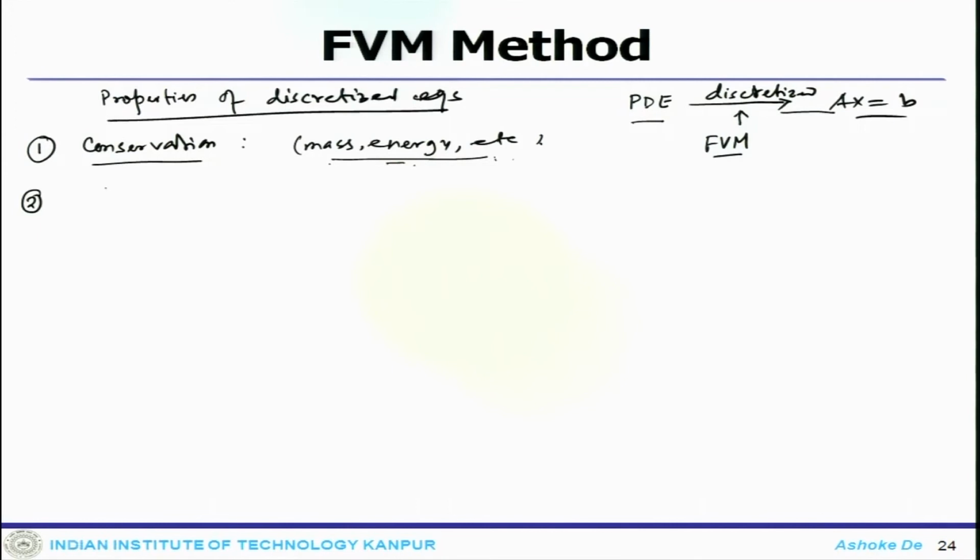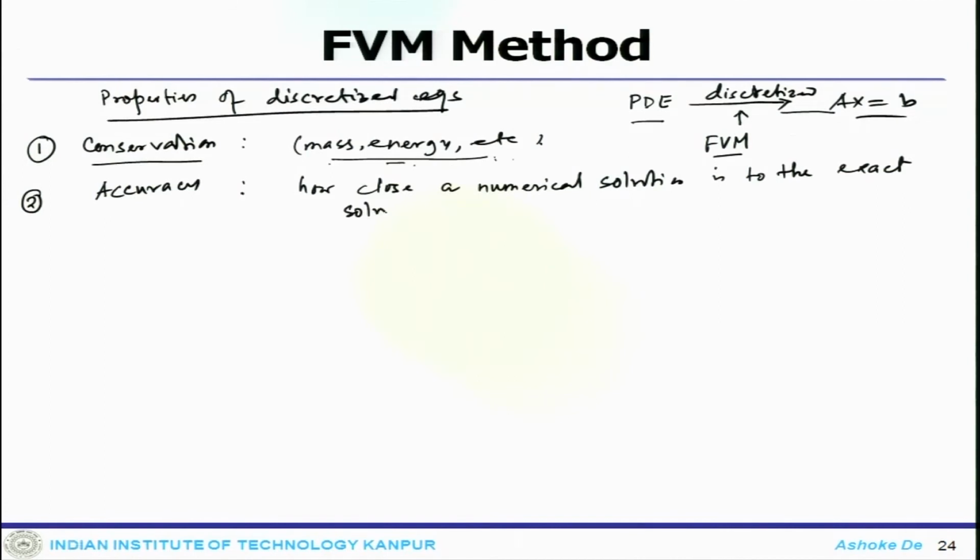Second important property that comes out to be the accuracy. Okay. This essentially refers to how close a numerical solution is to the exact solution.